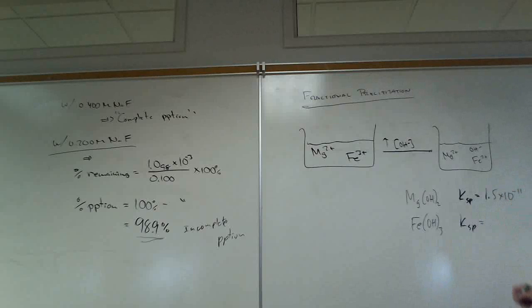And then the KSP for iron 3 hydroxide? 4 times 10 to the negative 38.